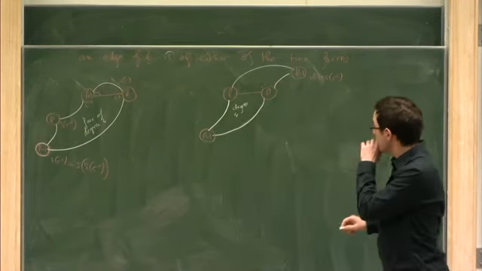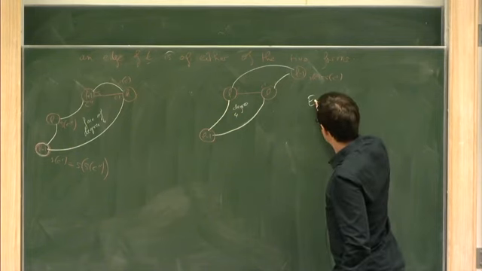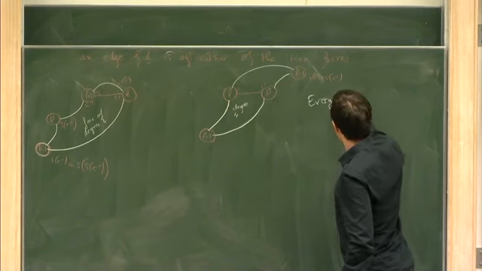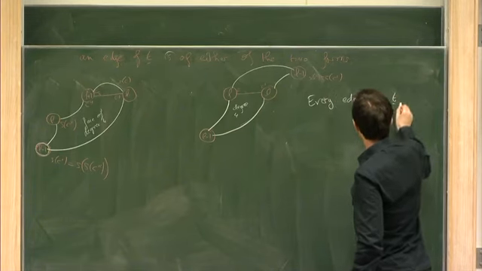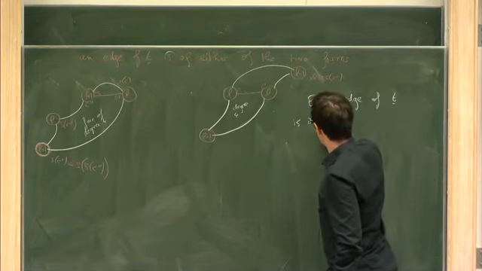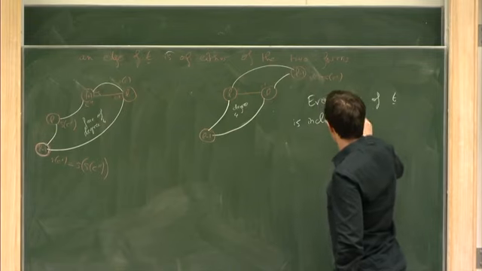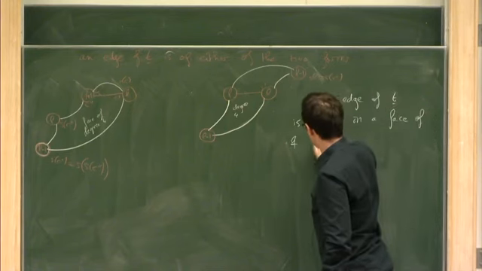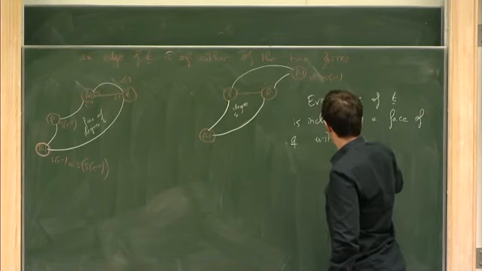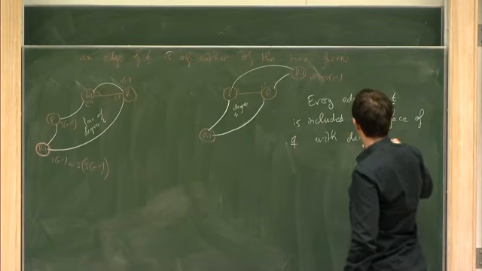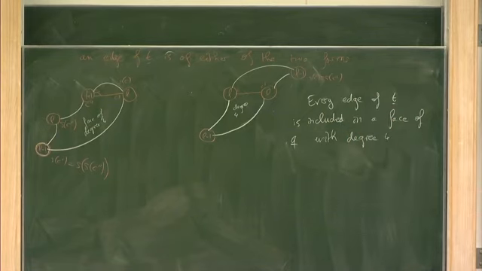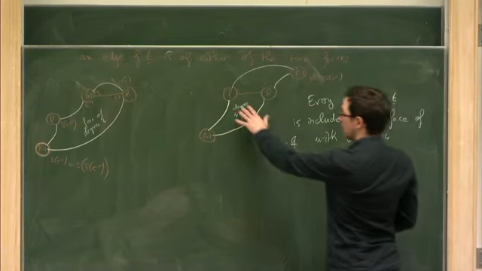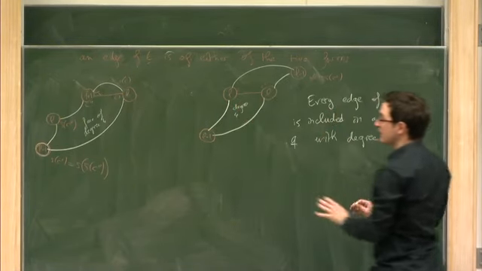So you see that every edge of T is included in a face of Q with degree 4, and by construction, these faces do not contain any other edge.